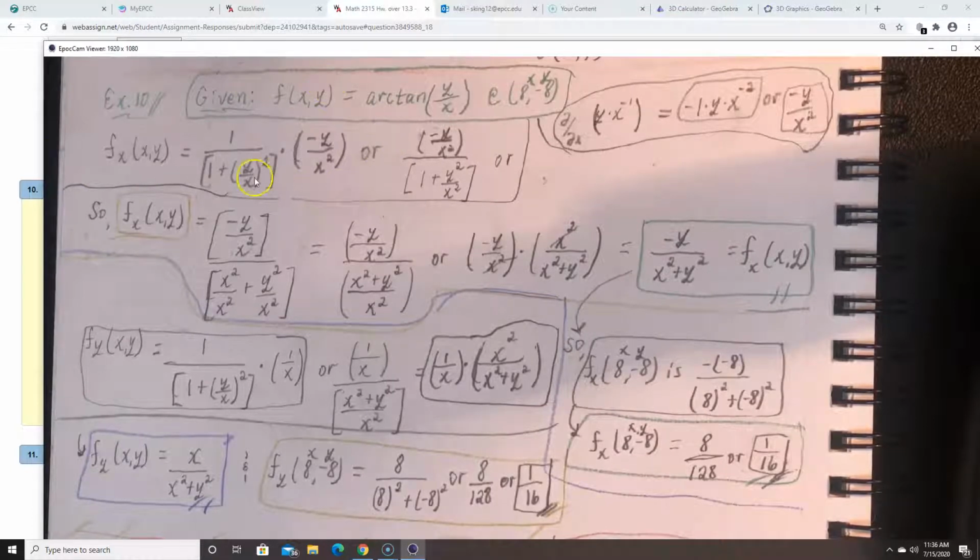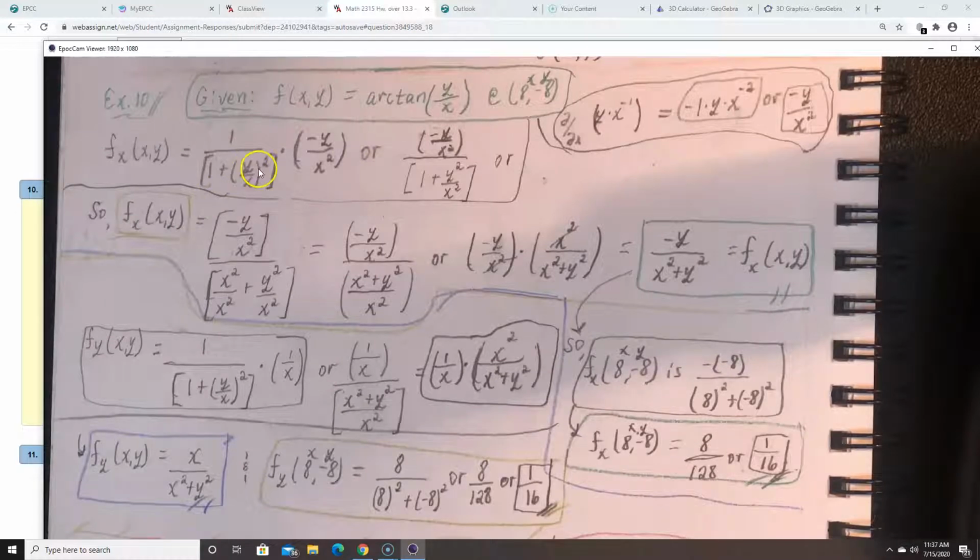We could probably just put this in WebAssign. Not sure, I didn't try. But I also just said I'll clean this up a little bit algebraically. There's more than one way to clean it up, algebraically speaking. 1 times negative y over x squared is negative y over x squared divided by this.